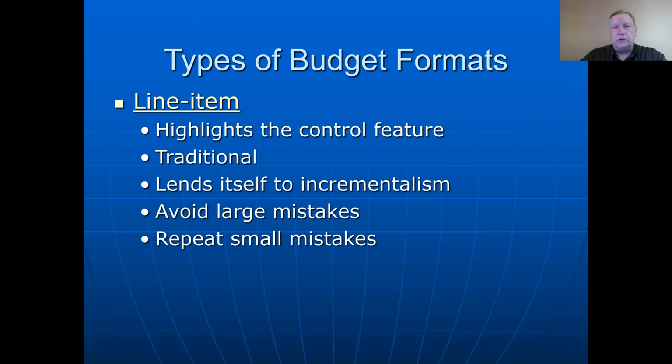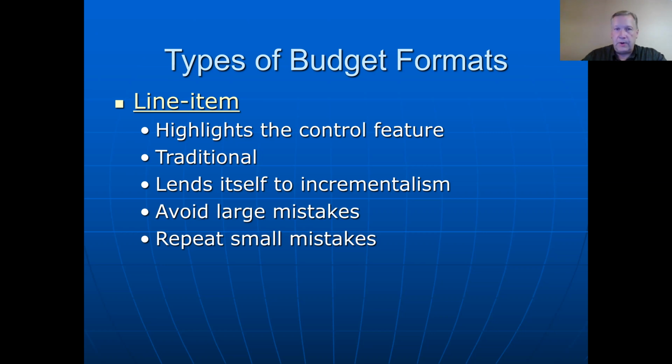Sometimes these line item budgets are referred to as object of expenditure budgets. Here's the object we're spending the money on. Here's the amount we're spending on that object. So salaries, the amount. Benefits, the amount. Supplies, the amount. Maintenance, the amount. So it's a very simple type of budget.